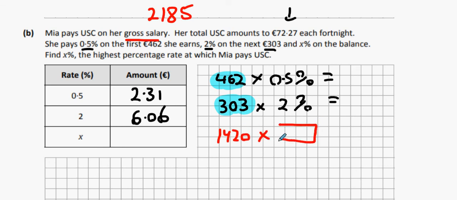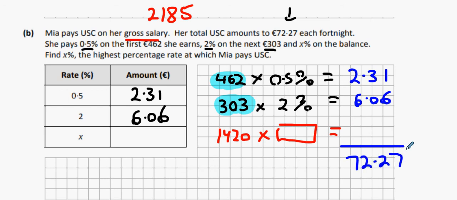Now we're about to multiply this by an unknown percentage. Would you agree with that? And it equals something. Now here's the deal. That's 2.31. That's 6.06. But what do we know about this part here? How much does she pay in total? €72.27.